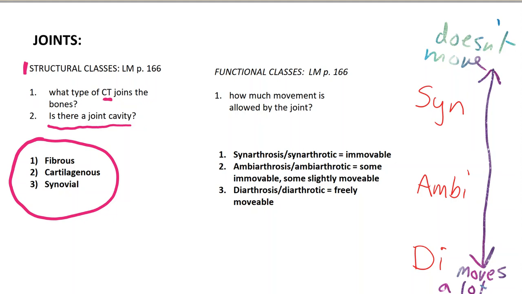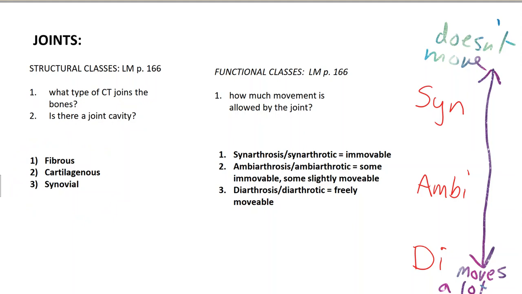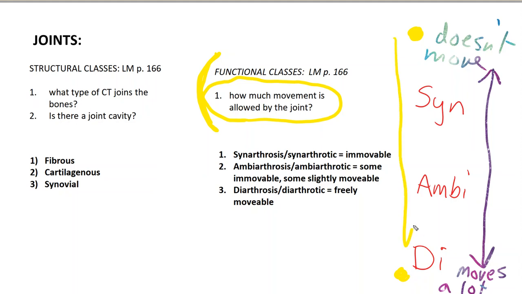And then secondly, you have functional classes. And so over here, functional classes all have to do with how much movement is allowed by the joint. Does it not move at all? Or is it really, really movable? And so you have this kind of continuum right here of syn, ambi, di.